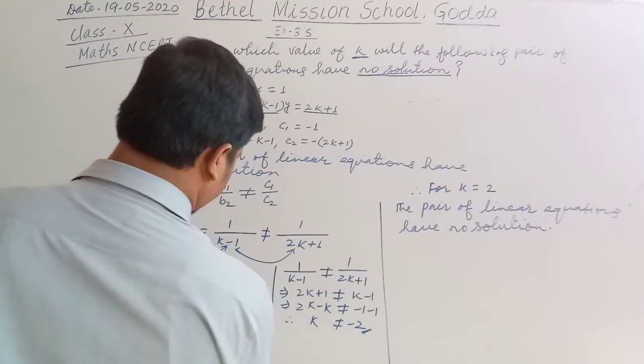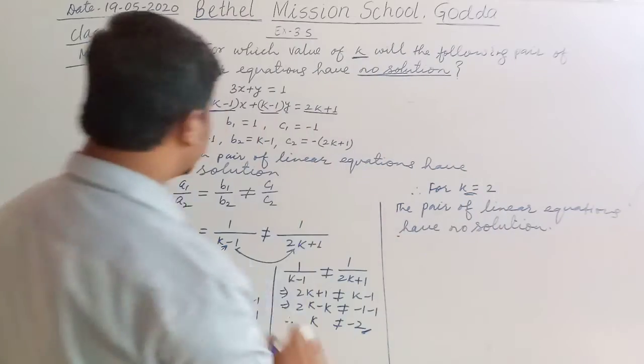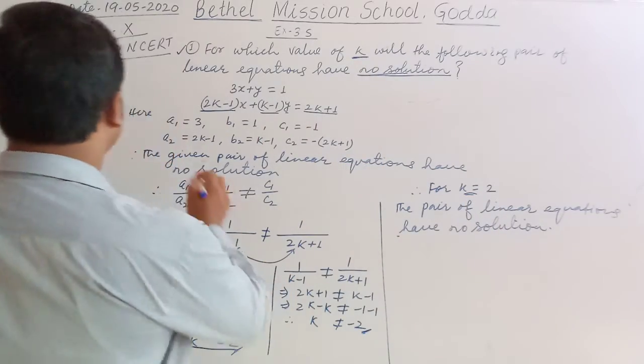Okay, pair of linear equations have no solution for k equal to 2. So this is the way of solution.